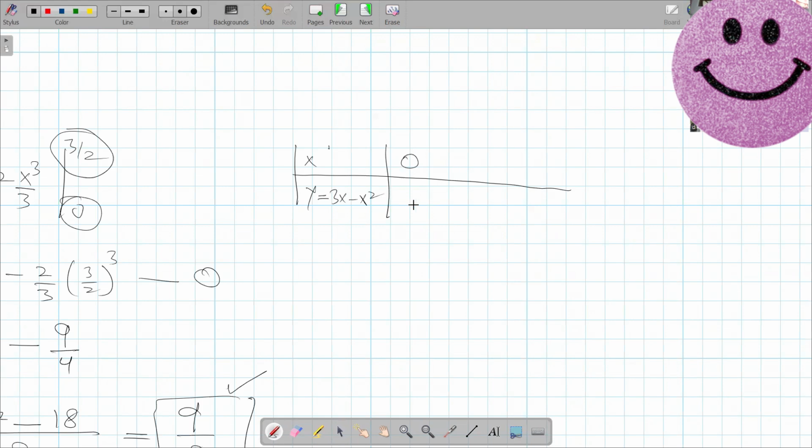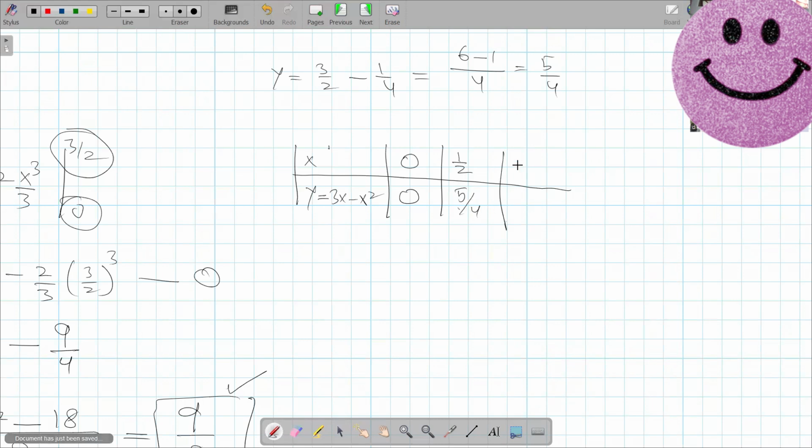Whenever we put 0, y is 0. If x is 1 over 2, what is y in that case? 3 over 2 minus 1 over 4, 5 over 4. So in this way, you need to find some points.